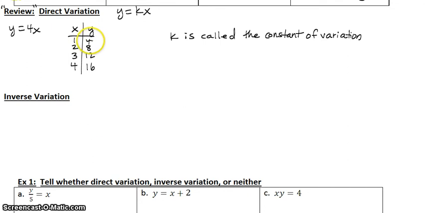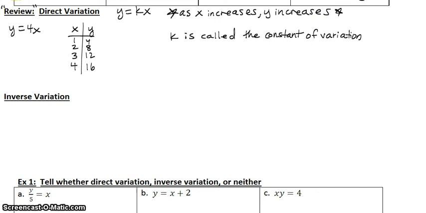It is possible to have a k that's negative, so I'm using the word increasing loosely. It could be going in the negative direction. But in the general case, as x increases, y increases, usually.